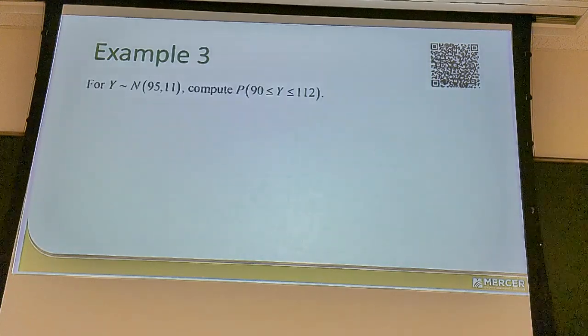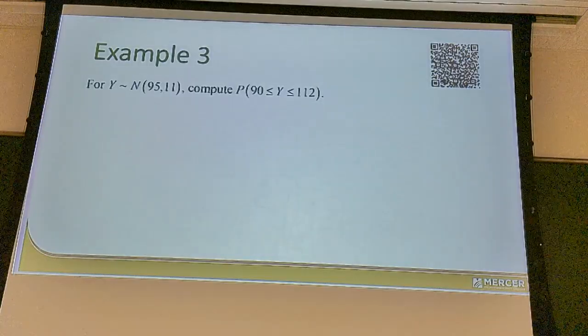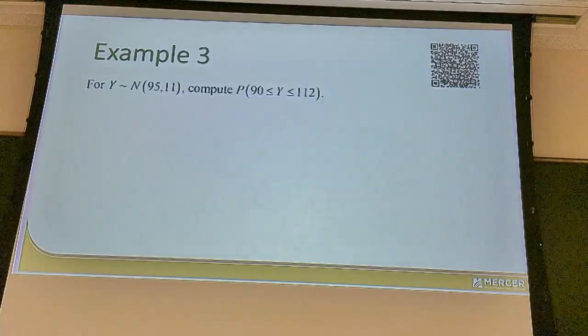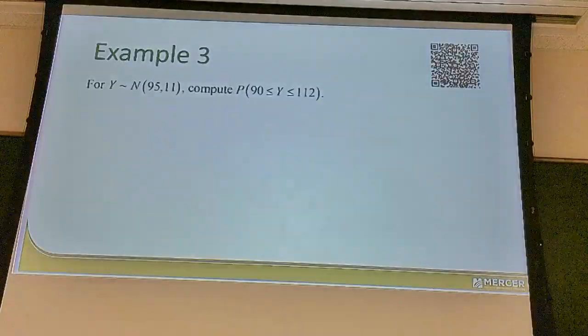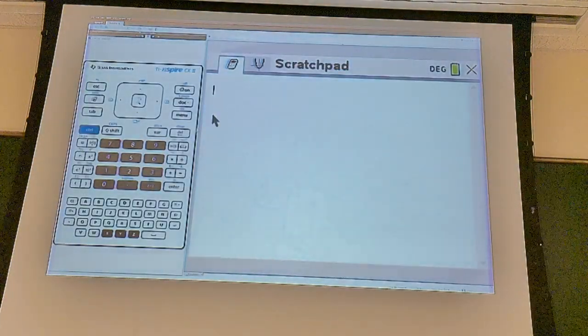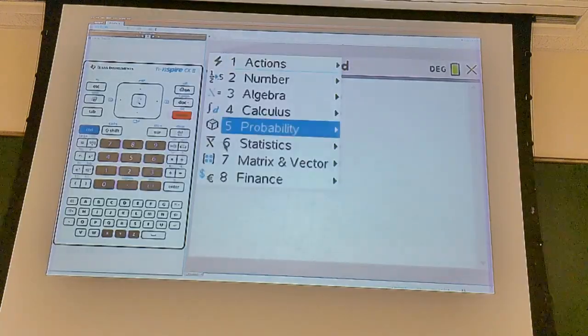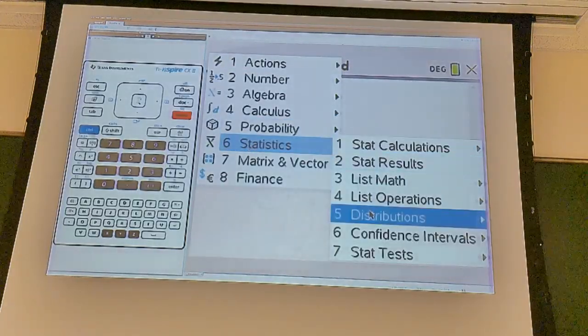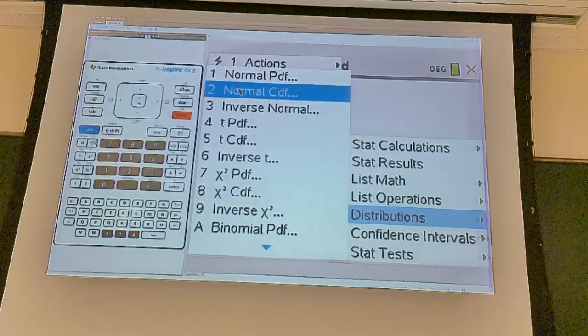And so remember it was menu, statistics, distributions, normal, CDF.